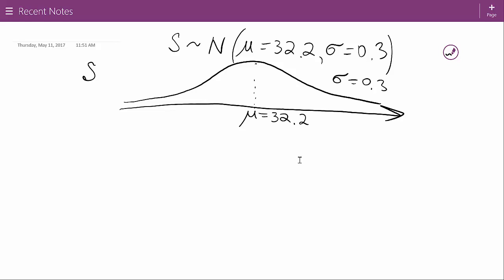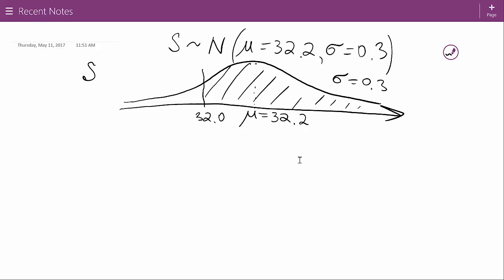Christian buys the bottle, and the bottle likely contains more than what they advertised. What they advertised is right here somewhere. So this is 32.0. What Christian is seeing in his bottle is more than 32 ounces, and that represents everything in the right tail of my distribution, right?